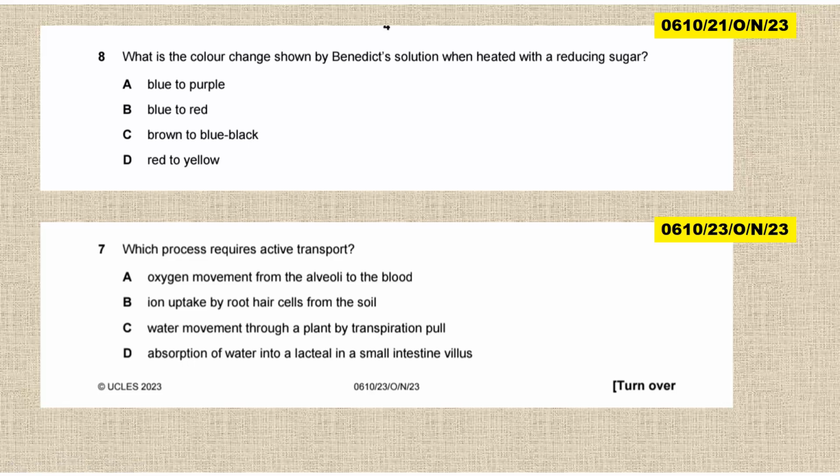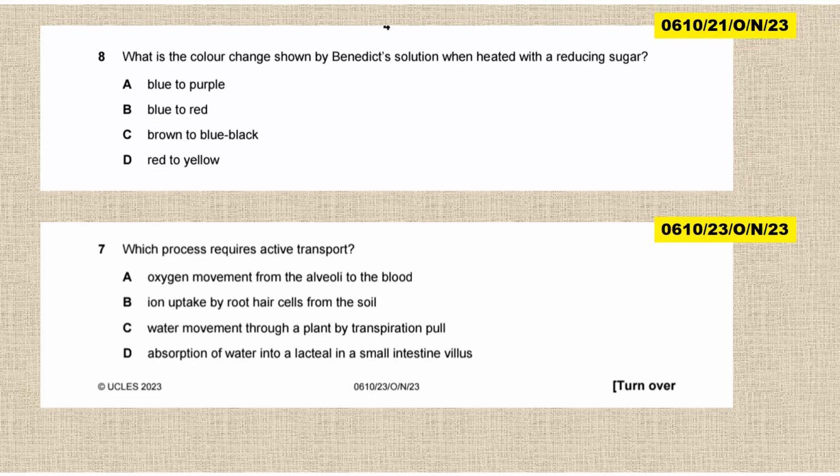Then still the same, not the same one, please. This one is paper 2, variant 1, October/November 2023. What is the color change shown by Benedict's solution when heated with reducing sugar? Okay, so this is a wrong question on this particular topic, but of course we can answer it.